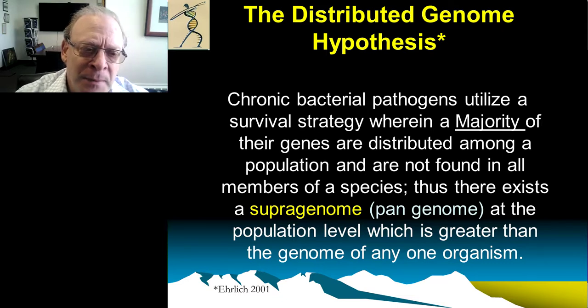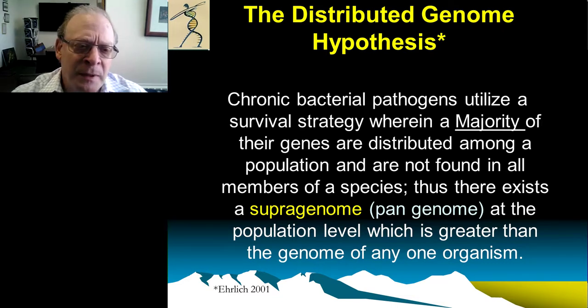The distributed genome hypothesis states that chronic bacterial pathogens utilize a survival strategy wherein a majority of their genes are distributed among a population or a species and are not found in all members of that species. Thus, there exists a supragenome, other people later call it a pangenome, at the population level, which is far greater in size than the genome of any one organism.